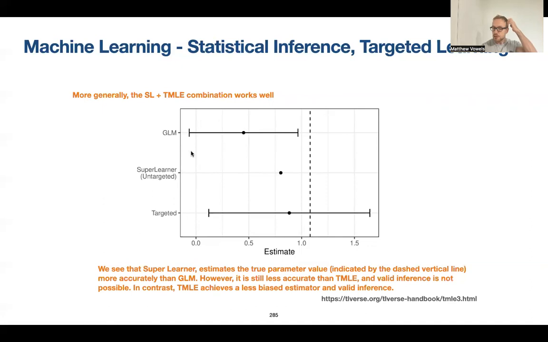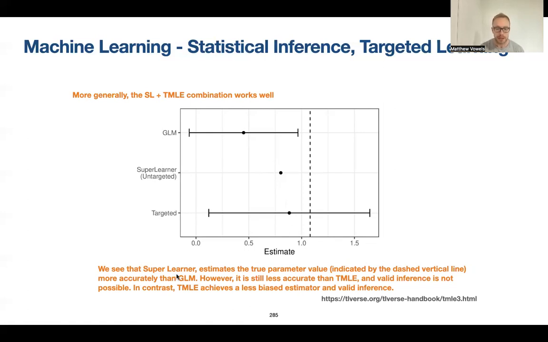We might instead use super learning and get this point estimate that's much closer to the true value, but understand that there's no confidence intervals yet because this is just an ensemble. We haven't done the influence function approach. And then when we use the targeted approach, we improve the estimate slightly because of the targeting, but we also get these confidence intervals that now overlap well with the true effect.